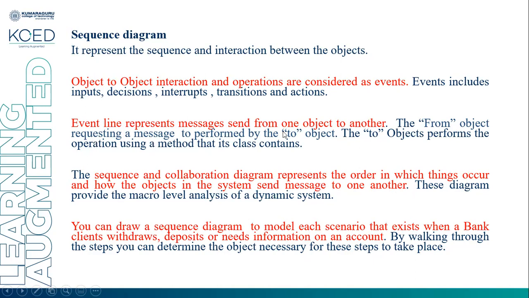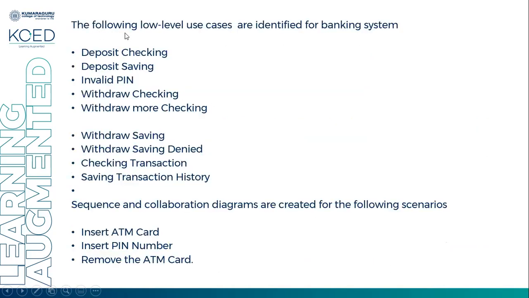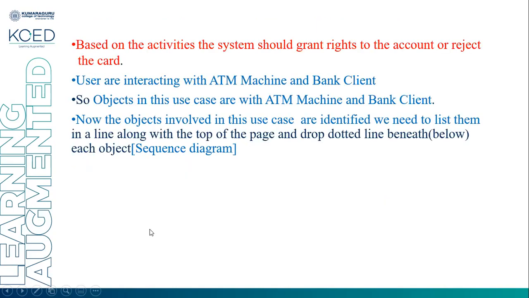By doing so, the following low-level use cases are identified in the banking system: deposit checking, deposit saving, invalid PIN, withdraw checking, withdraw more checking, withdraw saving, withdraw save denied, checking transaction, and saving transaction history. Sequence and collaboration diagrams are created for the following scenarios: insert an ATM card, insert a PIN number, and remove an ATM card.